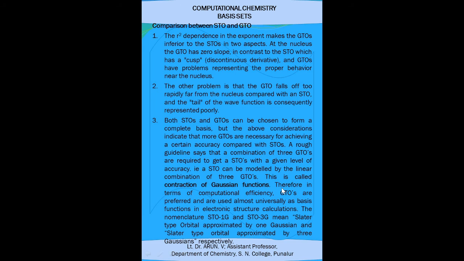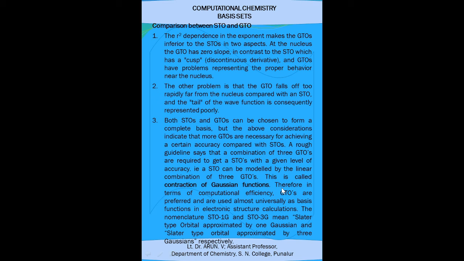Some comparison between Slater type and Gaussian type orbitals. The r-square dependence in the exponential part makes Gaussian type orbitals inferior to the Slater type orbitals in two aspects. At the nucleus, the Gaussian type orbital has a zero slope, in contrast to the Slater type orbital, which has a discontinuous derivative or cusp shape, and GTOs have problems representing proper behavior near the nucleus.